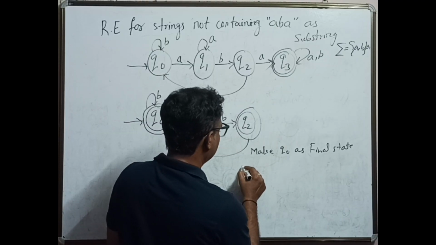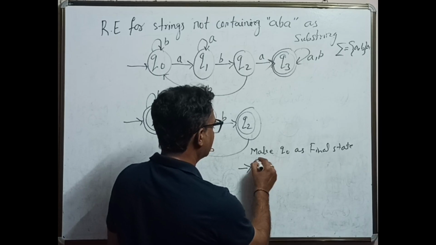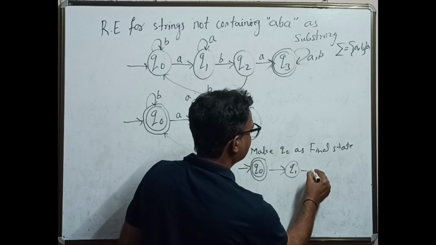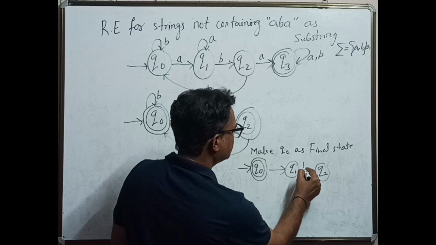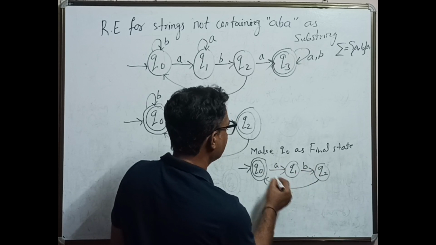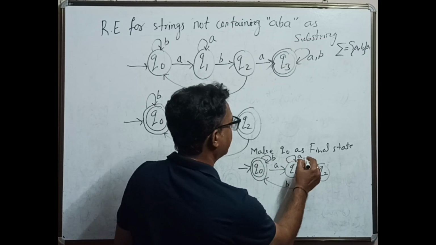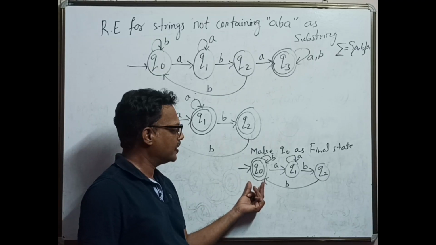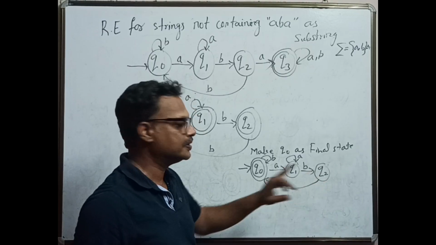Now the finite automaton becomes like this: Q0, then Q1, then Q2, and this is B, this is A, this is B, this is B, and this is A. Now Q0 is considered as the initial state as well as the final state, and Q1, Q2 are normal states.